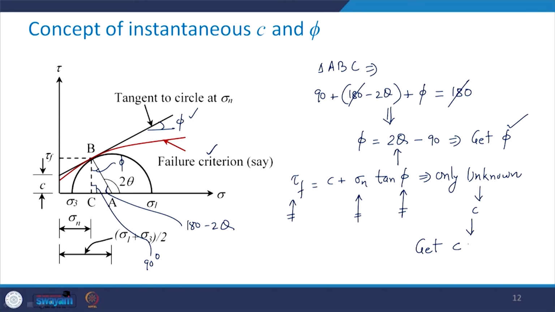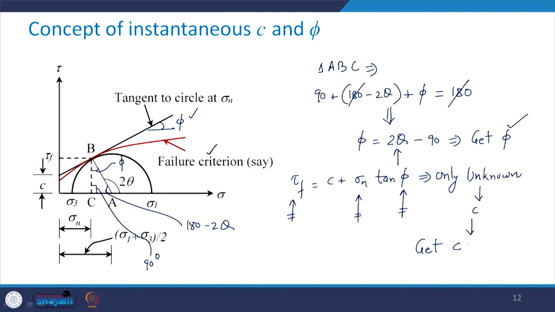So you see how beautifully we could get the value of C and phi for the criterion which is not represented by a straight line.